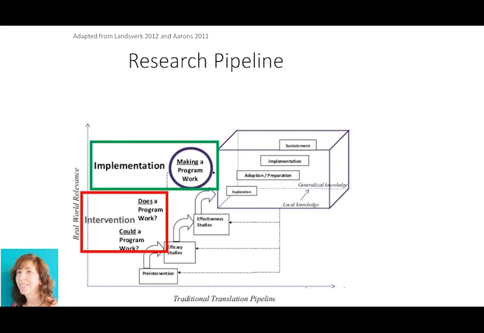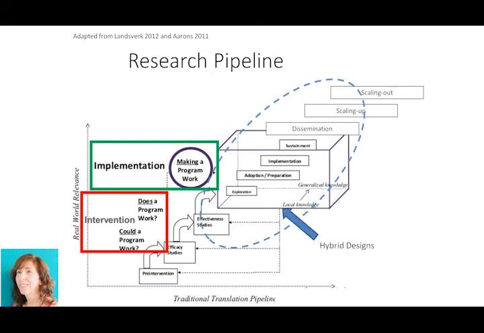If we lay out the research pipeline from safety and efficacy studies at the first steps or stages in research up to more pragmatic effectiveness studies and then implementation research studies on dissemination, scaling up and scaling out, we can say that hybrid designs are placed here with components of both effectiveness and implementation.